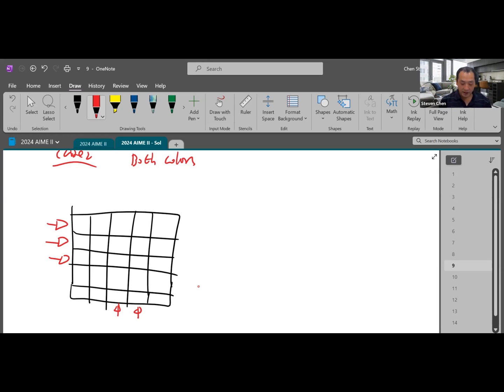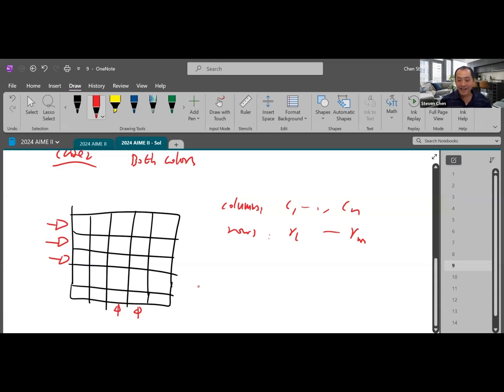Okay, so let me write it down mathematically. Suppose that the columns that should be white are C1 up to Cn, and the rows that are white are R1 up to Rn.